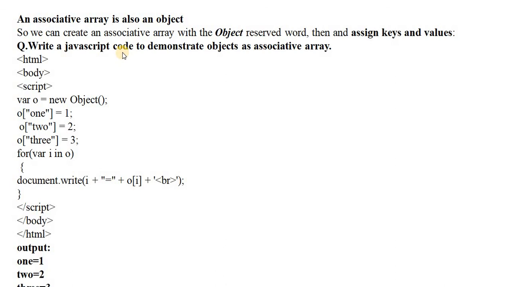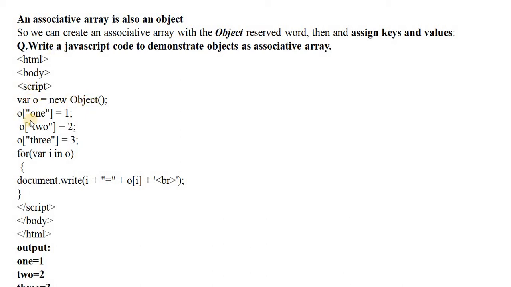In this example, we write JavaScript code to demonstrate objects as an associative array. We take the HTML tag, body and script tag. After that, we create var O is equal to new Object, and using new Object we create the array.